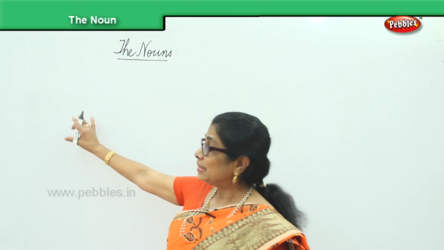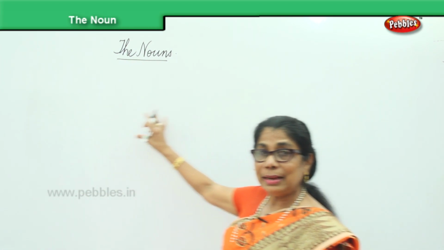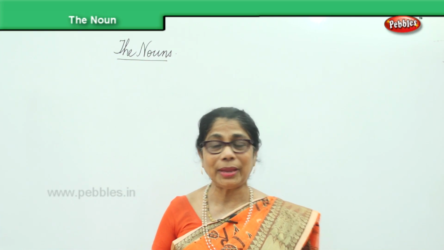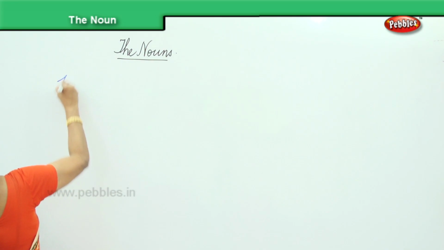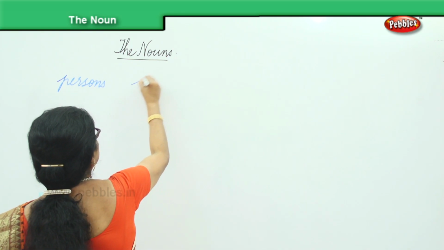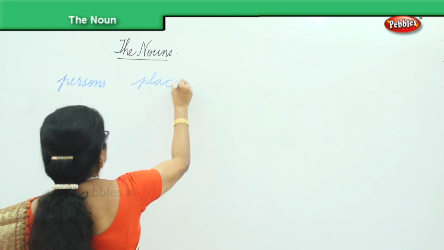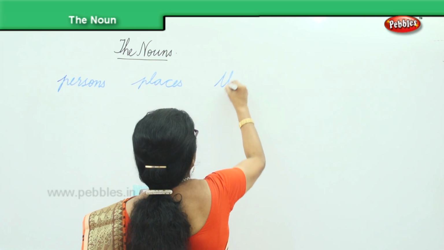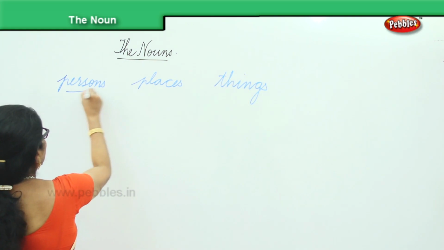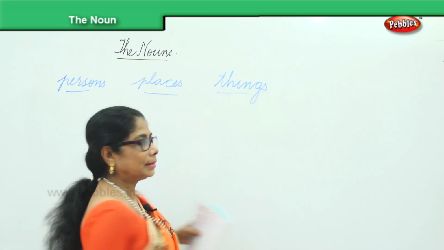So now we will segregate naming word, person, places and things. We'll just quickly take a glance at them. Okay? Noun is a naming word. Now, names of persons, places, things.